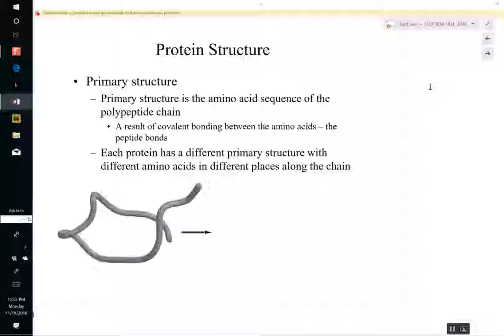So right here, if we just looked at primary structure, we would just be looking at the backbone of the protein molecule. We'd start out with a nitrogen, let's say here, and we'd be working along certain amino acids in a certain sequence and ending up with a carbon. And that's about what we would have at this point, the amino acid sequence.